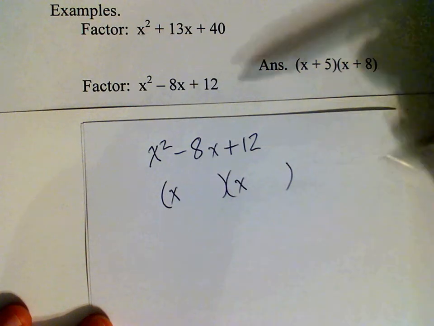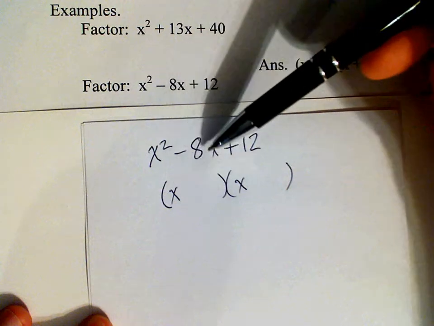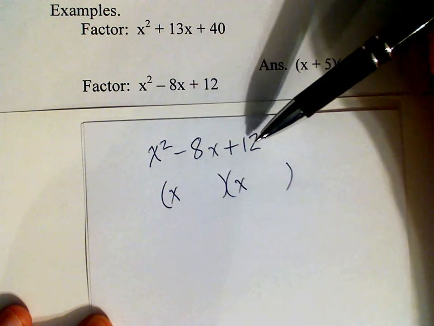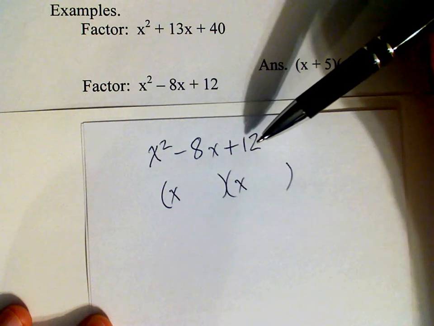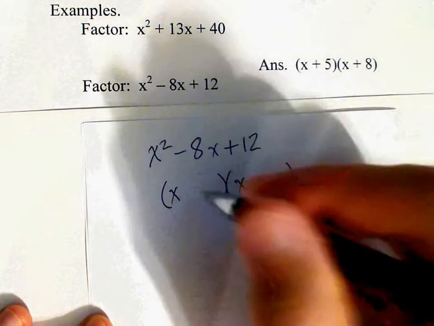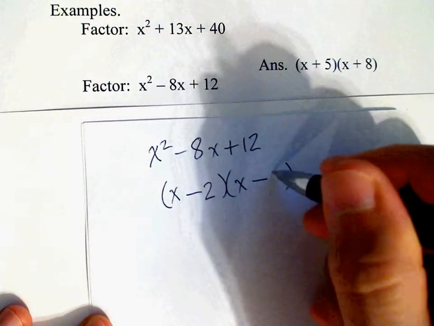Well, first of all, those numbers will have to be negative, right? In order to add two numbers to get a negative and multiply them to give a positive, both of them must be negative. And if you think about it, those two numbers must be negative 2 and negative 6.